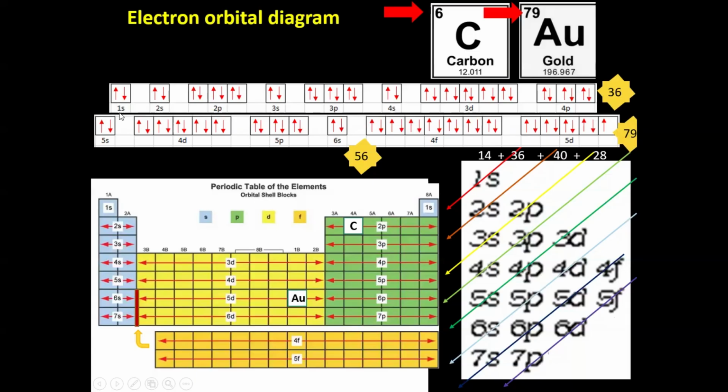And we filled up 1s, 2s, 2p, 3s, 3p, 4s, 3d, 4p, 5s, 4d, 5p, 6s, and then watch, we went down here because see this little red gap.